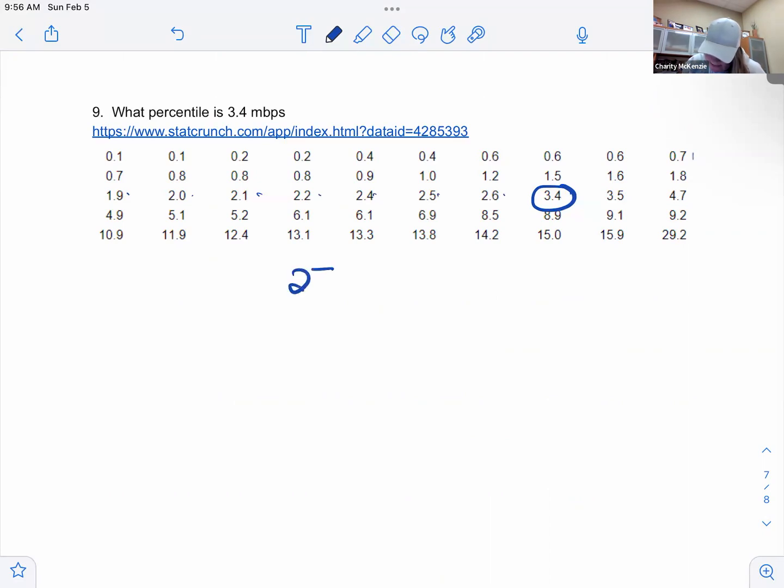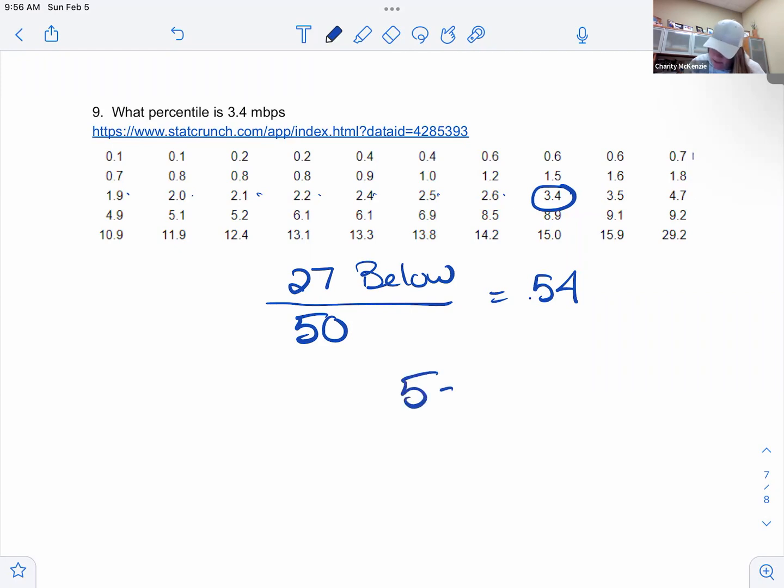So there's 27 data below. And we divide that by the total, and there's 50 in this because it's easy to count. I found that your book uses 50 data for a lot of this, and I stole this all from the book. Is 0.54. So that's the 54th percentile-ish place.